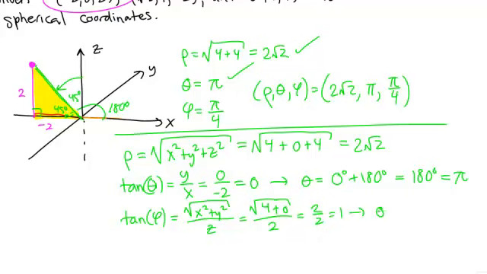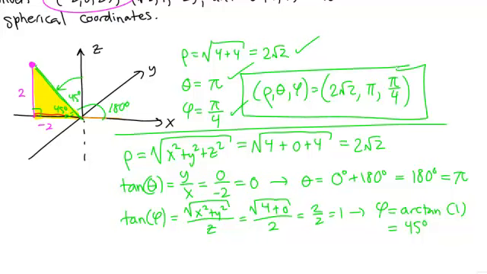So phi should be the arctangent of 1, which is 45 degrees. And since this is, based on the picture, an acute angle, that seems like the right choice. And so again, we recover pi over 4. And so here are the spherical coordinates of the point -2, 0, 2: 2 root 2, pi, pi over 4.